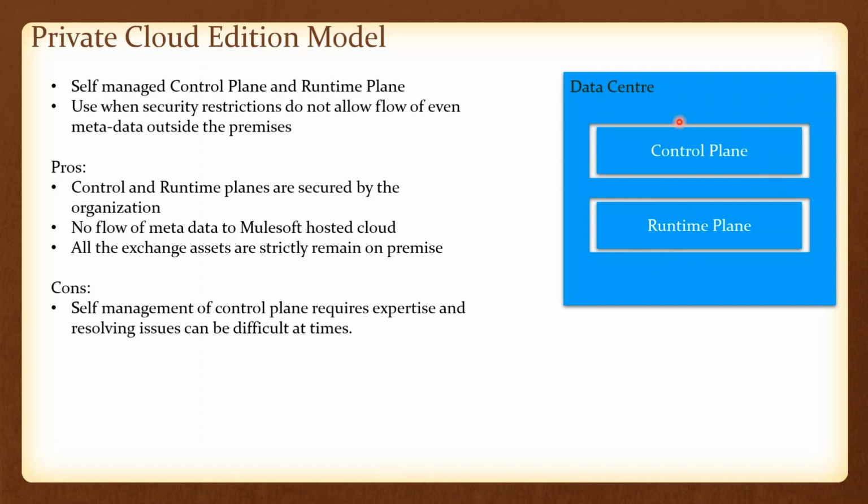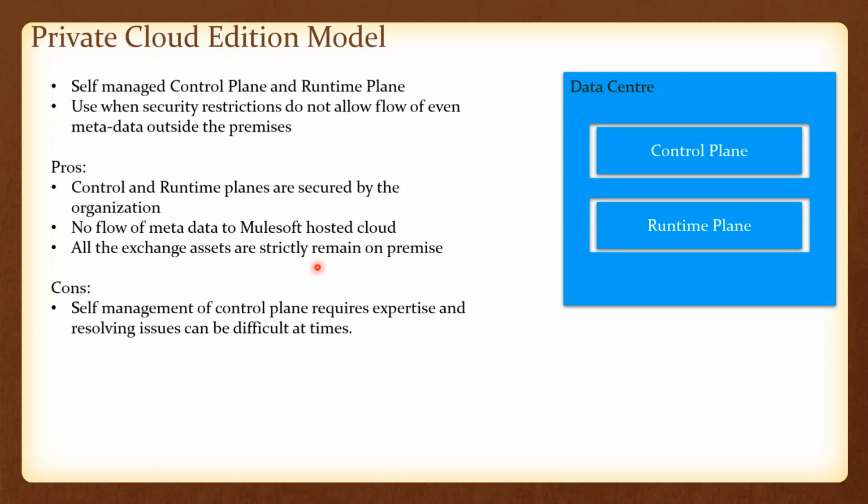So only the control plane part uses Kubernetes and Docker, whereas the runtime plane part is our normal servers, a cluster of servers or server groups. Now the benefit of this is that the control plane and runtime plane are secured by the organization. The metadata does not flow outside the data center.